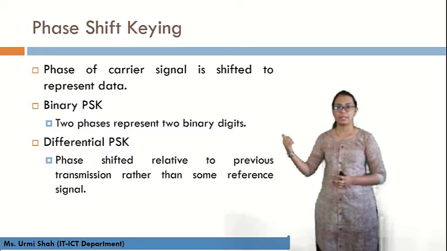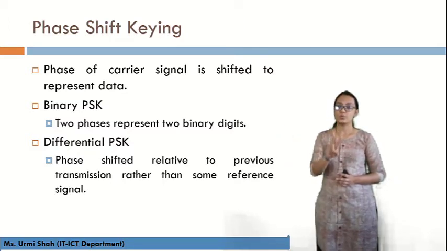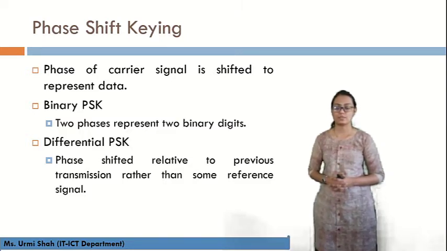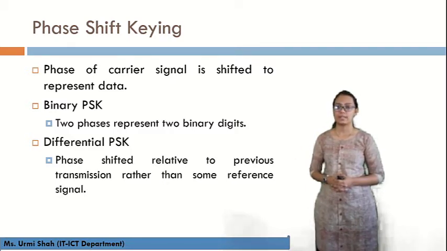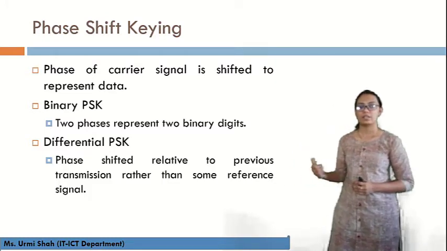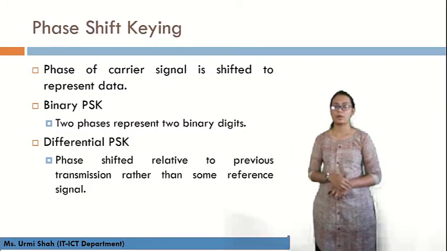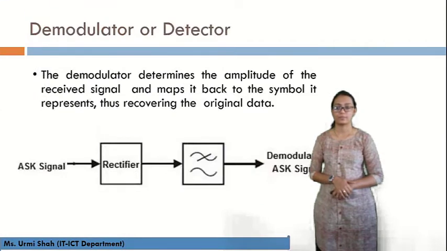Basically binary PSK has two phases which can represent two binary digits, that is either 0 or 1. Differential PSK involves phase shifting, and this phase shifting is relative to the previous transmission rather than some reference signal. So this is all about phase shifting.